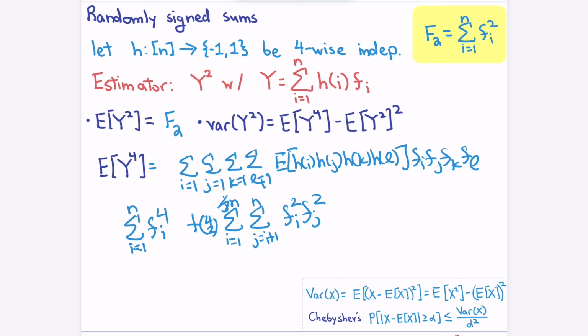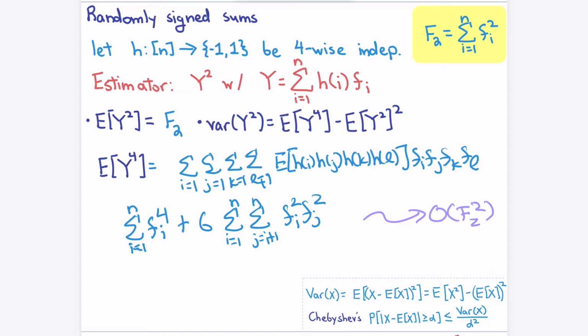Okay. 4 choose 2 is equal to 6. I'll put that there. Okay, plus 6.